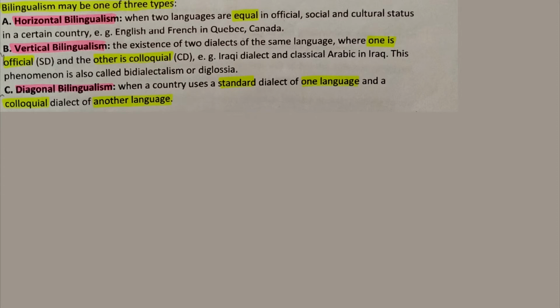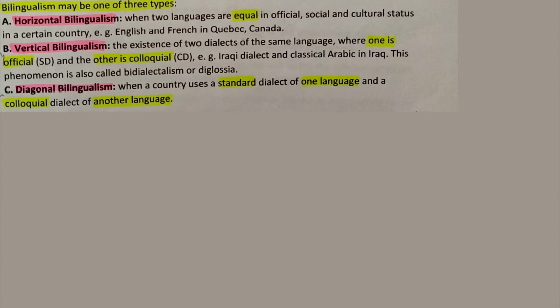And this phenomenon, you can find it under another name that we call bidialectalism or diglossia. Then the last type is diagonal bilingualism. It's almost like the vertical bilingualism, but not exactly.